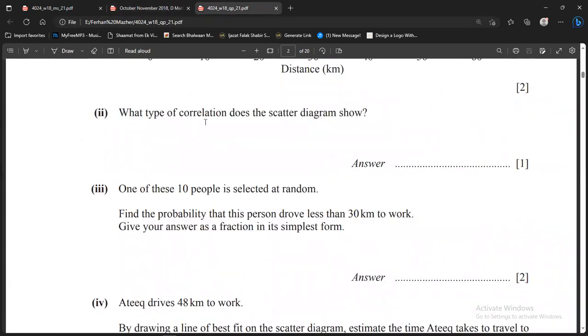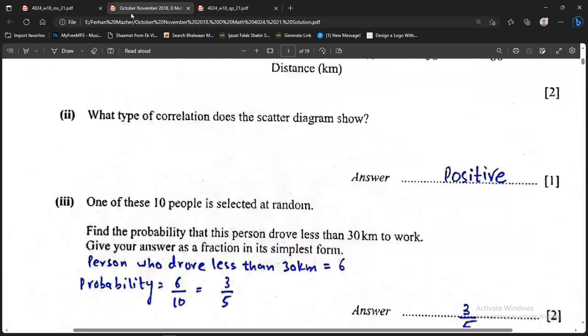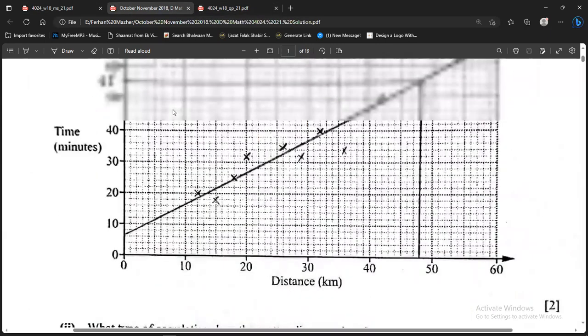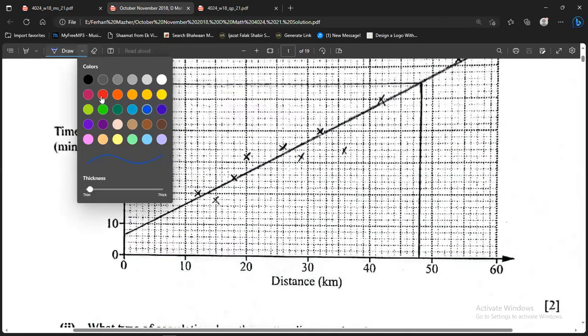Okay. Then we have: one of these 10 people is selected at random. Find the probability that this person drove less than 30 kilometers to work. Give your answer as a fraction in its lowest form. So less than 30 kilometers, and here we have kilometers. So what you will do, you will draw a line here.